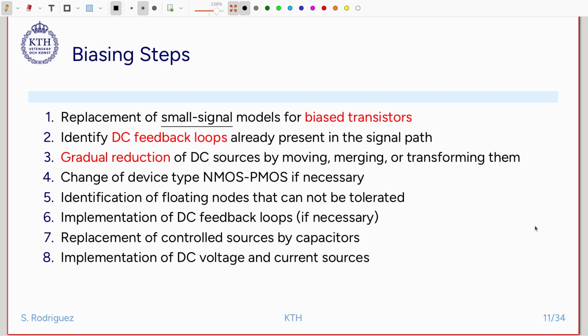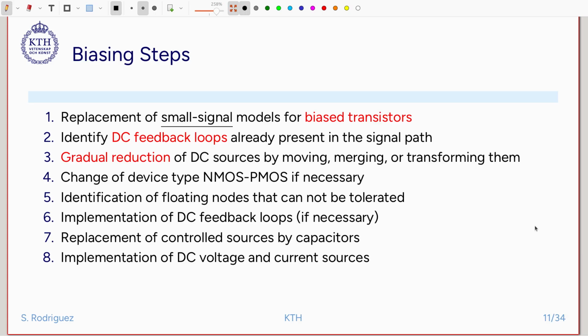If, when we reduce the sources, the maximum addition of DC voltages at some node exceeds the available power supply, then I will have to change some device type in the signal path from NMOS to PMOS. But I have to check if this is necessary. There are other practical considerations of implementing the feedback that might also force me to change a device from NMOS to PMOS.